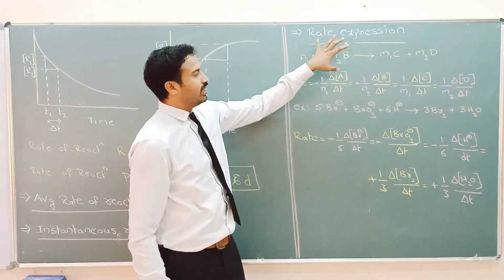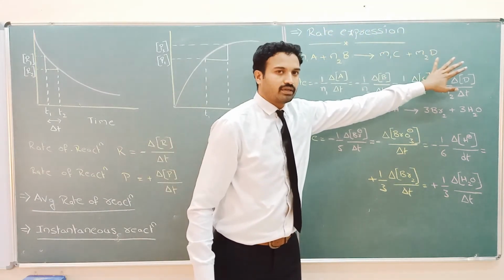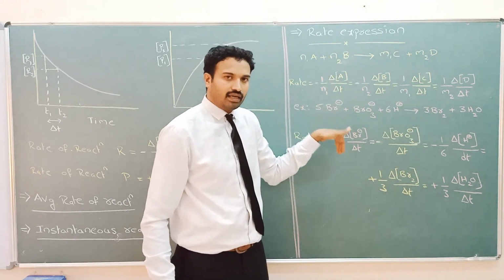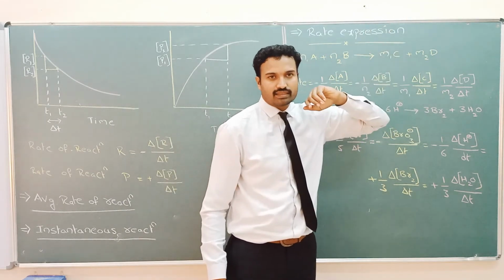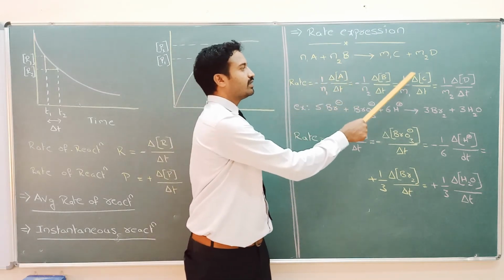Initially only reactant will be present, 100% reactants, 0% product. By the time consumption, reactant concentration gradually decreases, product concentration gradually increases. So here decreasing concentration is minus sign, increasing concentration is plus sign.